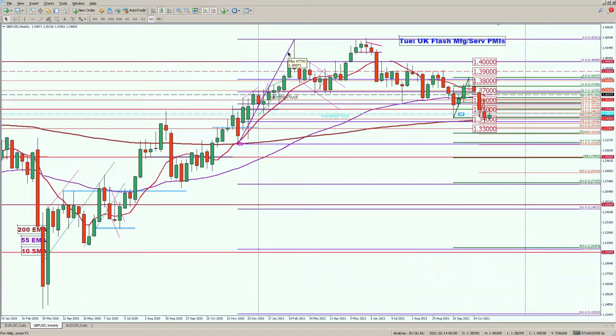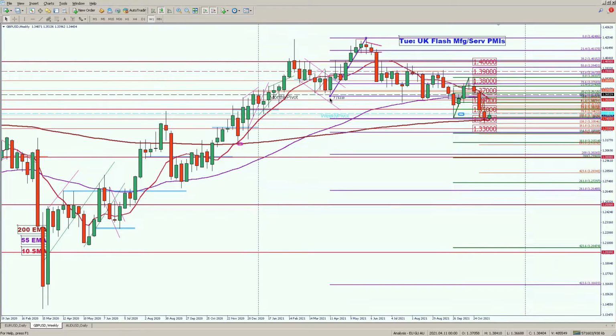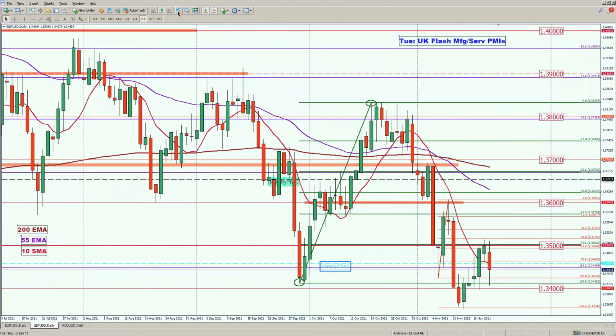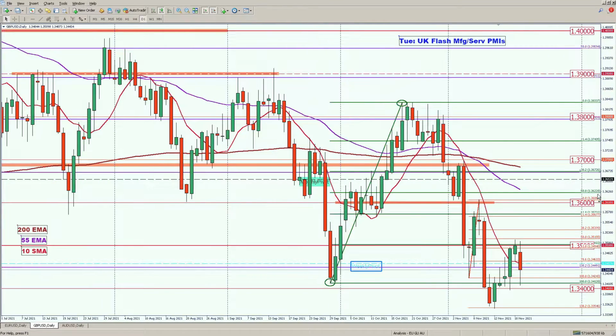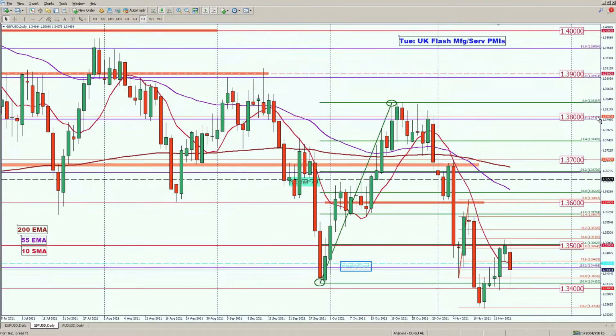But I think we'll have to move this over to possibly this reversal, and that would align with this 162 fib extension as well. And okay, let's remove one of these fibs to just the two main fibs.